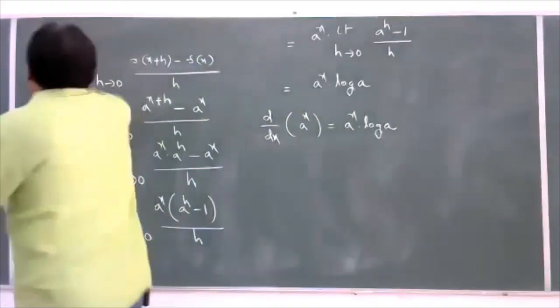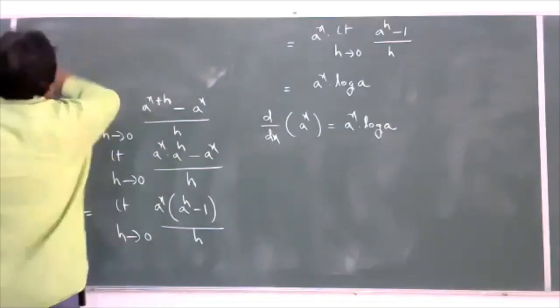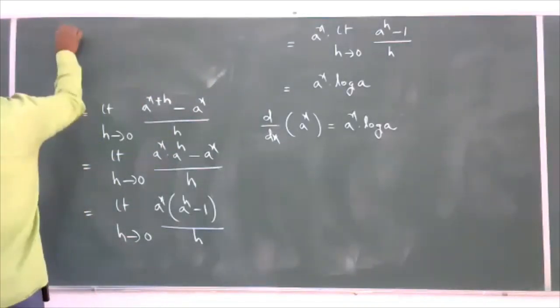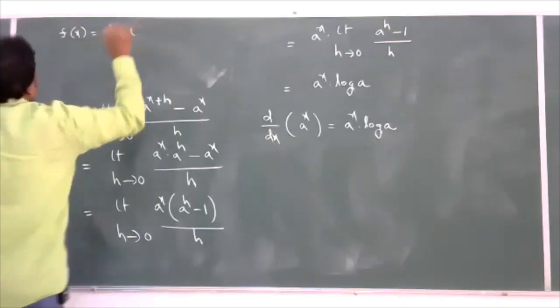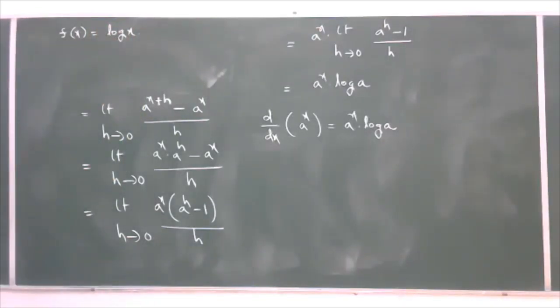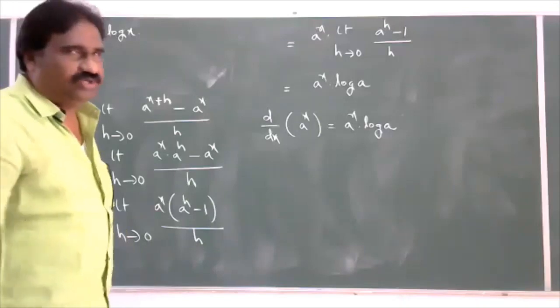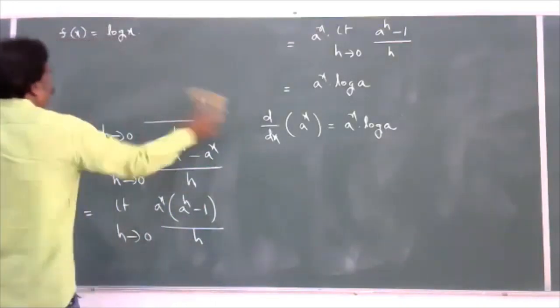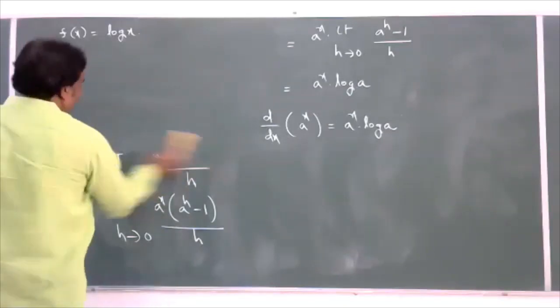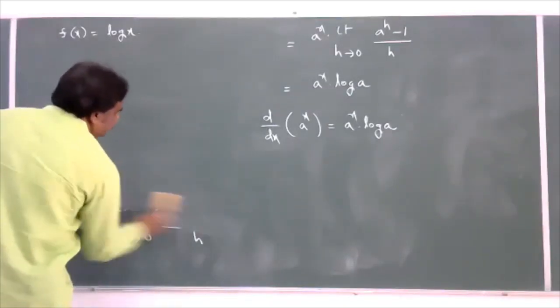Next, we want to prove another formula, that is f of x is equal to log x. We want to prove the derivative of f of x is equal to log x by using the first principle.